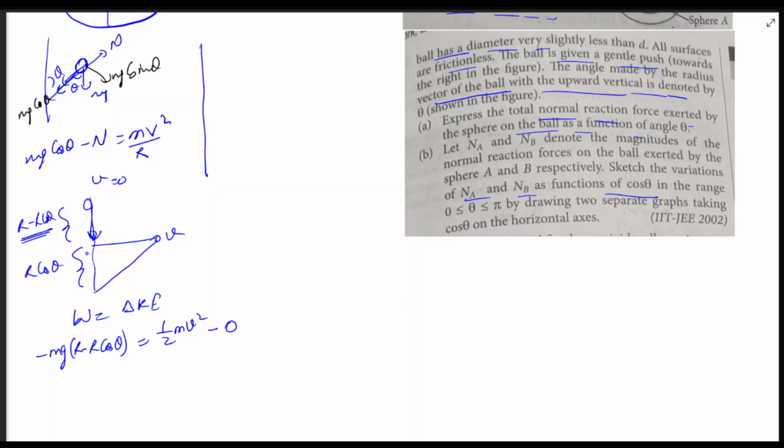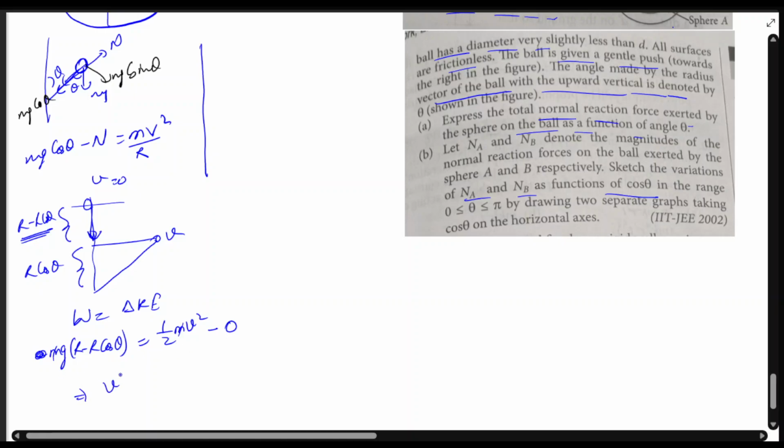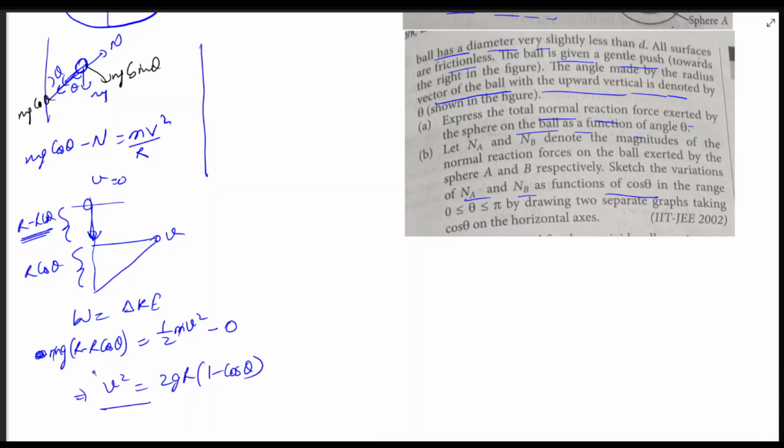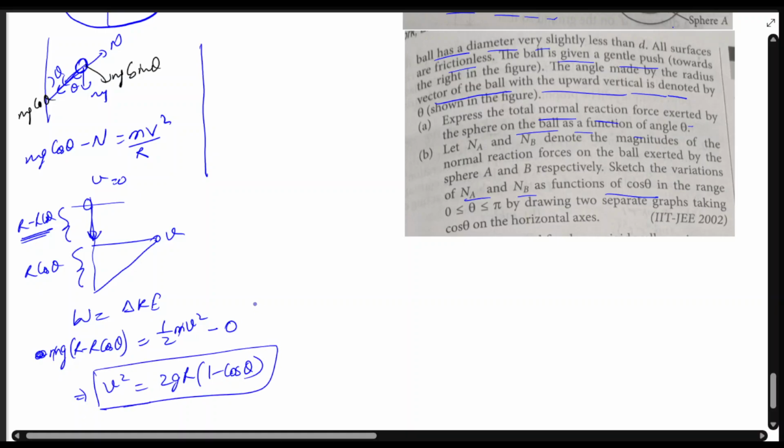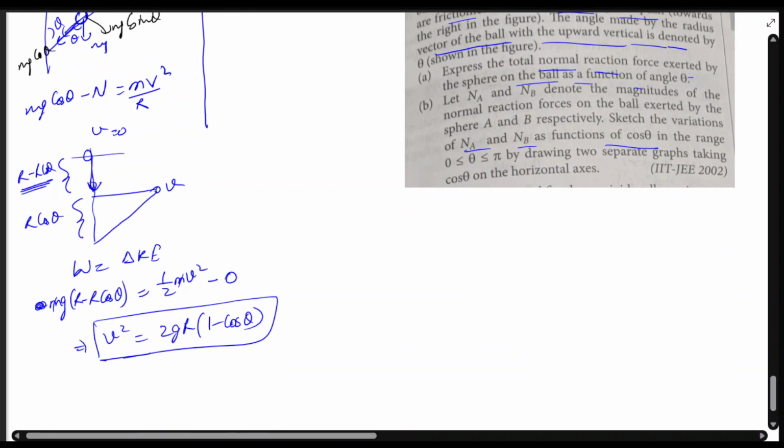So we have in this direction it will be plus. Potential energy is decreasing, right? So it will be plus. Okay. So m will get cancelled. So we have v square is equals to 2 gr 1 minus cos theta, right? Okay. So let's put v square here.